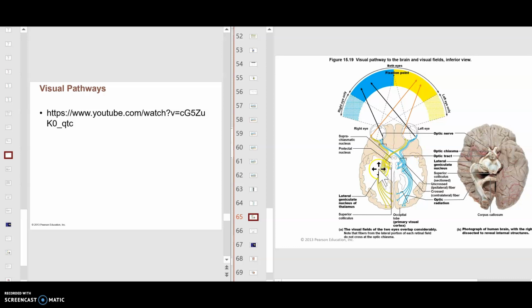Then some of the fibers of the optic tract synapse on the lateral geniculate nucleus in the thalamus and take us into the occipital lobe of the brain. But some are going to synapse on the pretectal nucleus, we'll talk about, and some on the superior colliculi right there. So that just gives a quick run through of what we're looking at there. All right, so let's go further now.